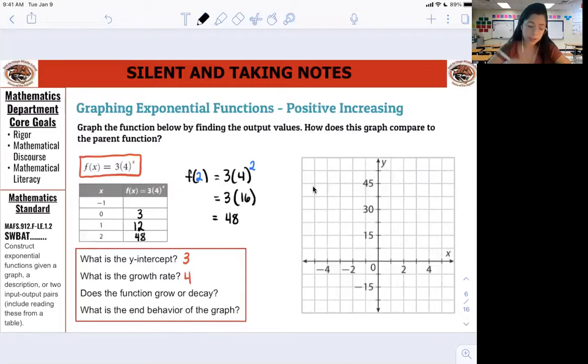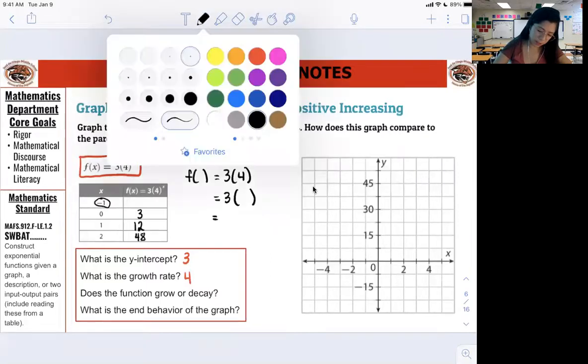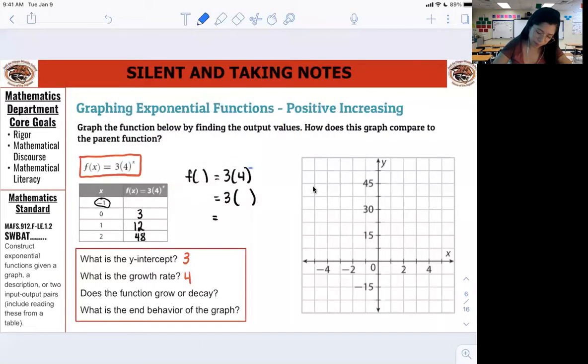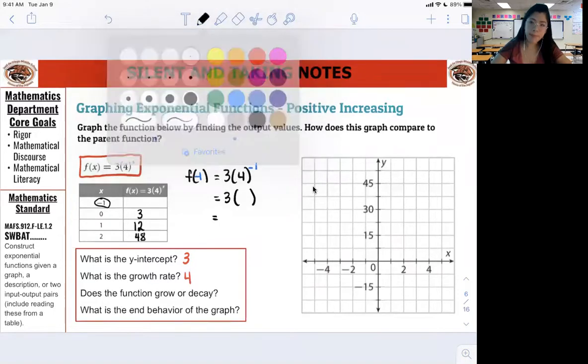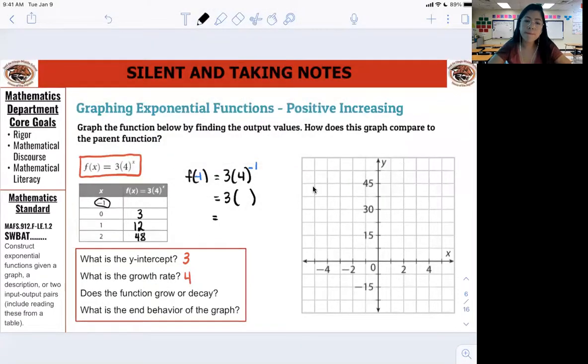Now going backwards, now I have to plug in my -1. And remind me, what happens when my exponent is negative? It turns into a fraction. So 4 is going to become what? 1 over 4. Don't multiply it quite yet. So Juan, you got it. I see Juan put it in the chat.